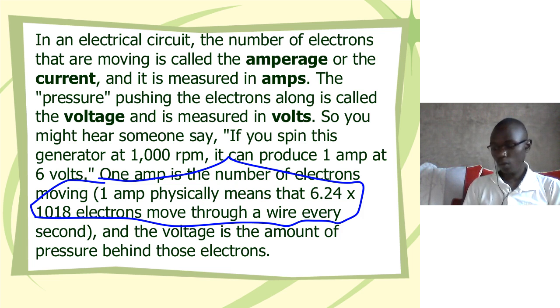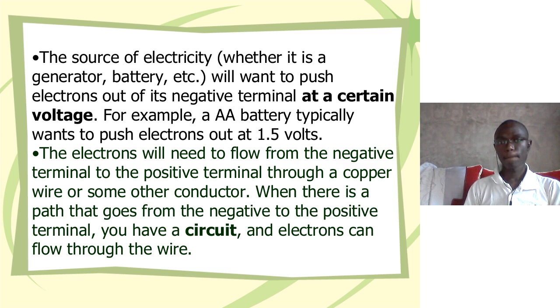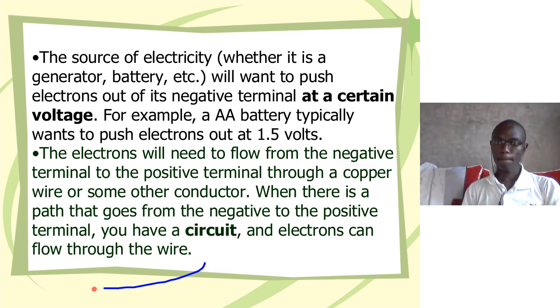So that's how we get the relationship between those, with the summarized relationship between voltage, current, and resistance. These are analogies; you can read them on your own at a different point.